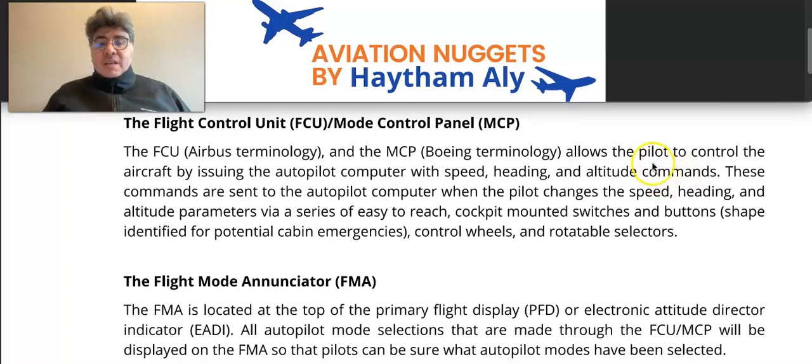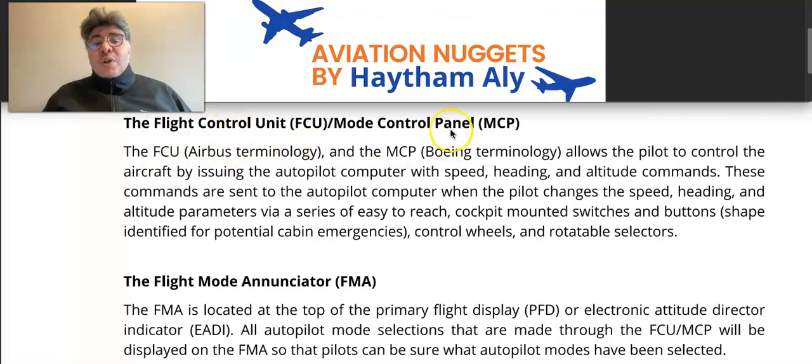Okay, everybody? So one of the main components of the autopilot is the flight control unit, FCU, or mode control panel, MCP. FCU is an Airbus terminology and the MCP is a Boeing terminology. It allows the pilot to control the aircraft by issuing the autopilot computer with speed, heading, and altitude commands.